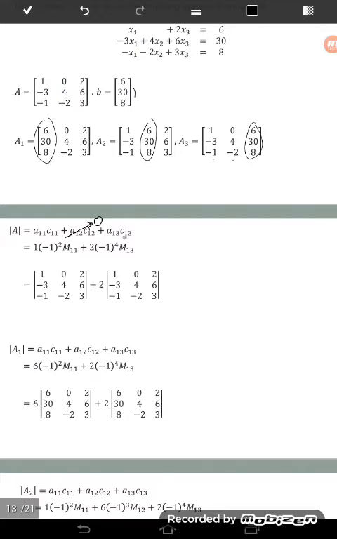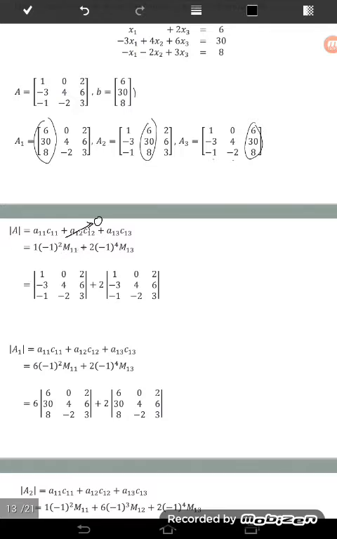And then plus A13, the element in row 1 column 3 which is 2, times negative 1 power of 4 because 1 plus 3 is 4, and then M13. Okay, so I bring it down: 1, negative 1 power of 2 is positive 1, positive 1 times 1 is 1, so the 1 here I don't write.